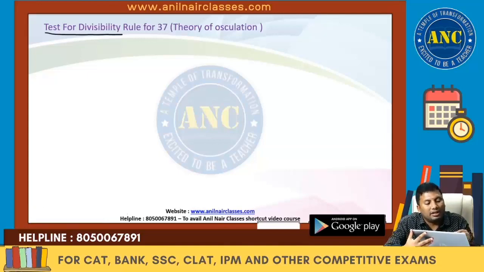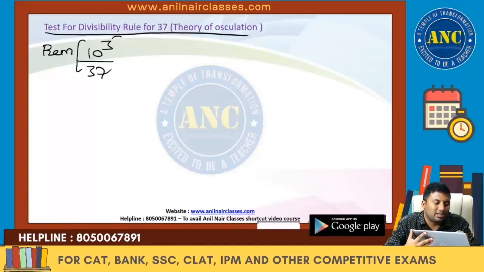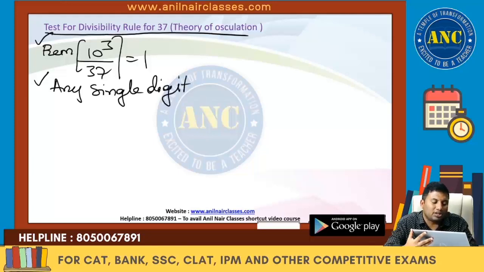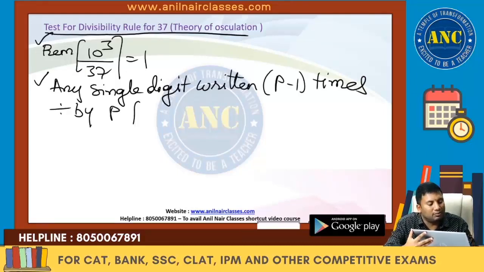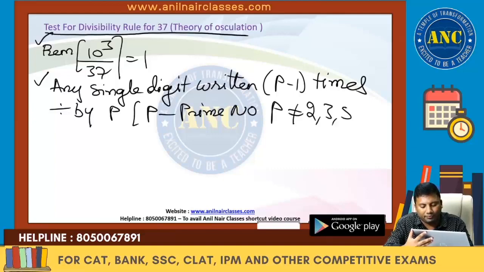Test for divisibility rule for 37. Already we discussed multiple methods. 10 power 3 divided by 37 leaves remainder 1. This one concept we discussed: any single digit written p minus 1 times is always divisible by p if p is a prime number, p not equivalent to 2, 3 and 5.